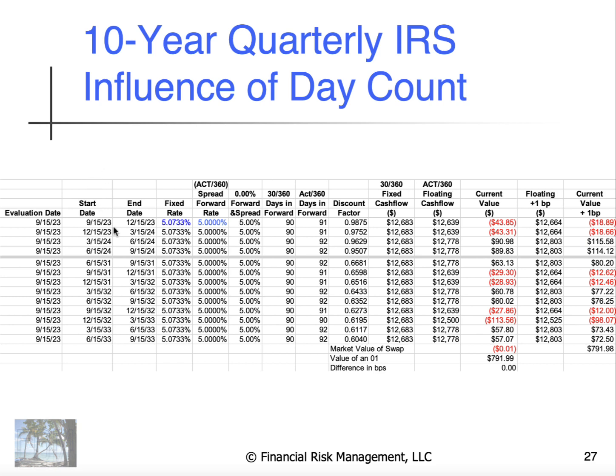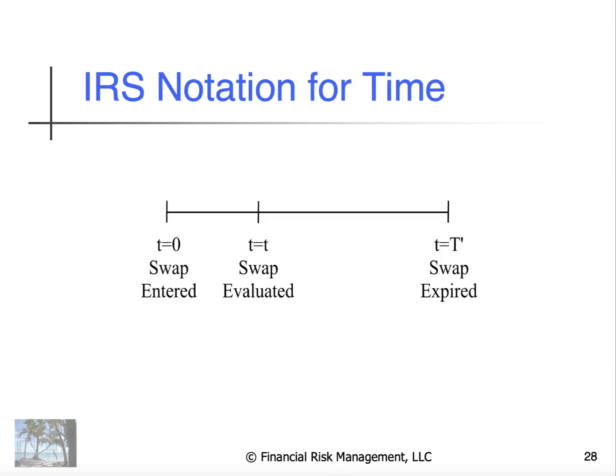It's a quarterly reset over 10 years, and so the value of an O1 is $791, which would be $1,000, and then you take the present value of those cash flows. And so day counting makes a big difference, and the fixed versus floating payment frequencies also matter greatly.